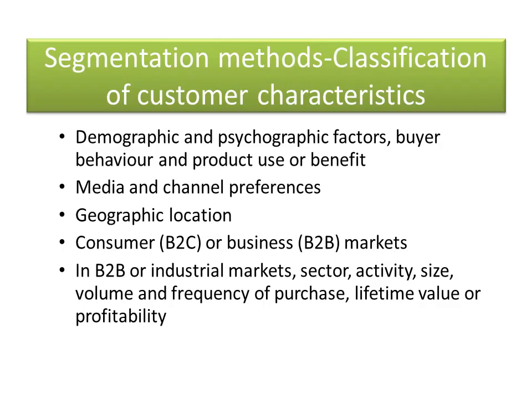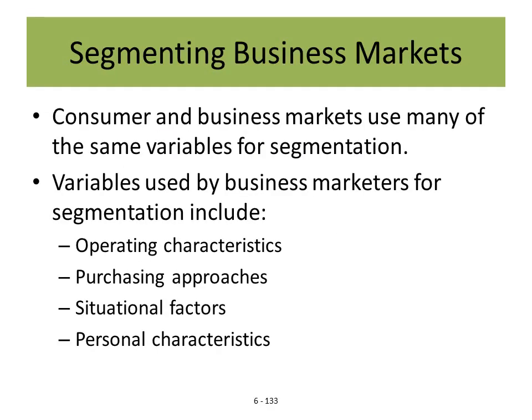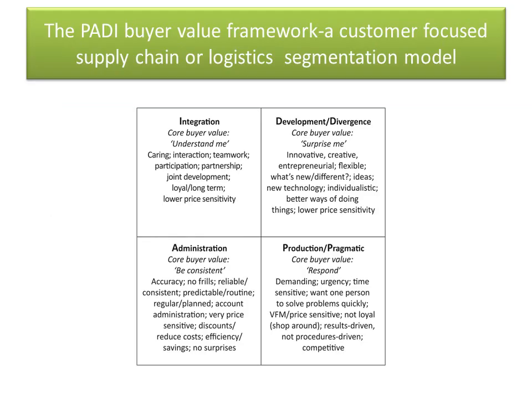And we can segment by demographics, psychographics, geographic, consumer type, business type, market type, sector. We can also, in businesses, segment by operating characteristics, purchasing approaches, situational and personal characteristics. There is a framework in the textbook called PADI which can be used for segmentation.